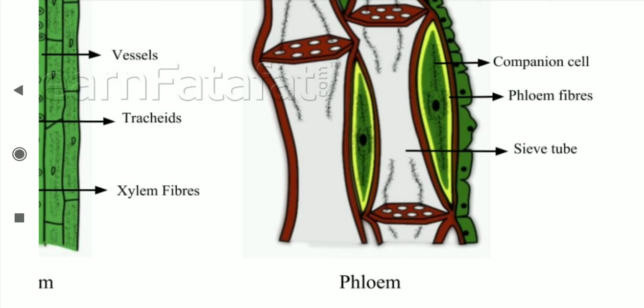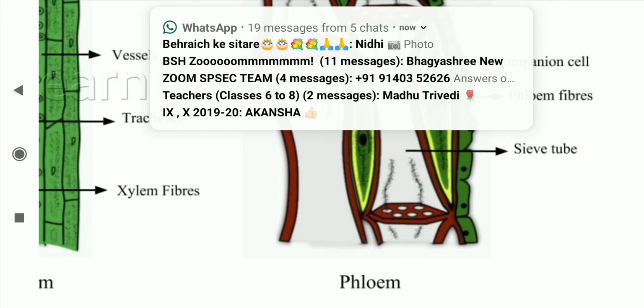Now come to the phloem parenchyma. The parenchyma, as you know, is a living cell. So here you are seeing sieve tube is living, companion cell is living, and also phloem parenchyma is living.